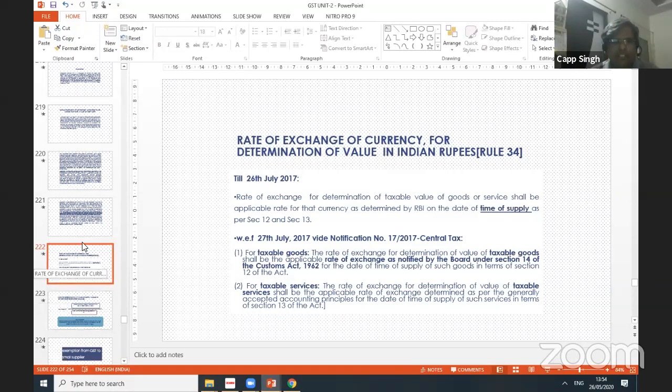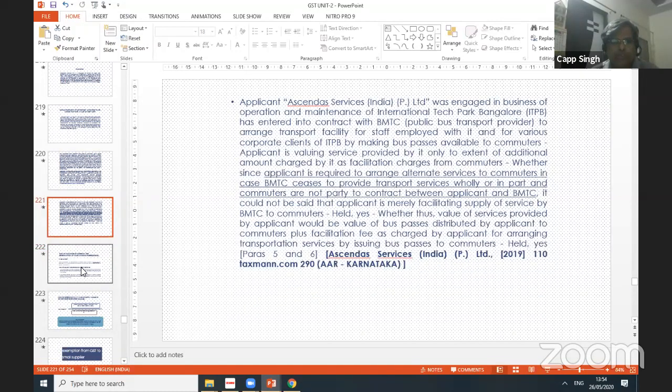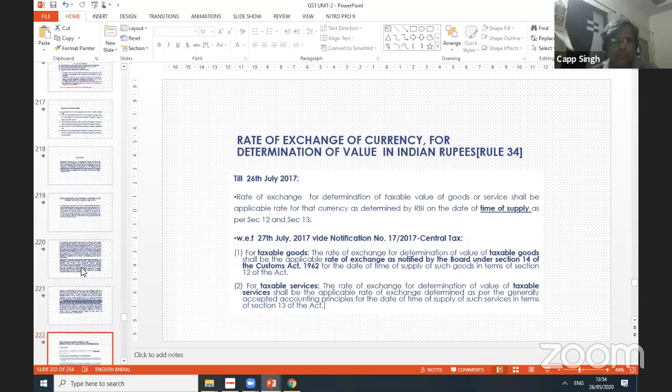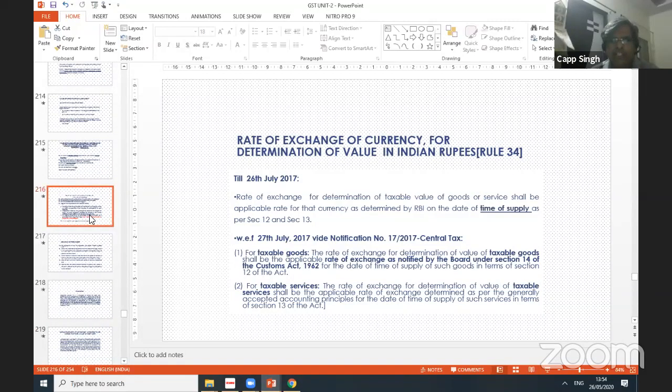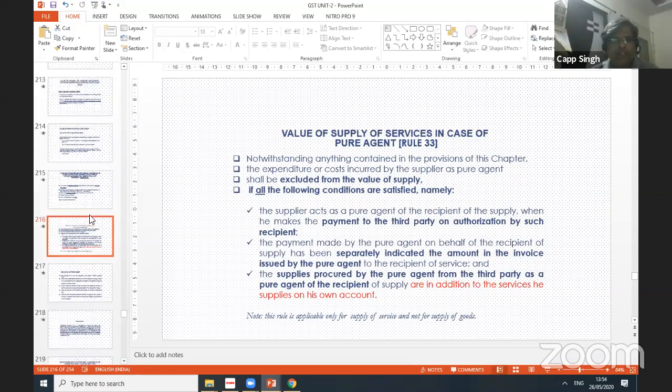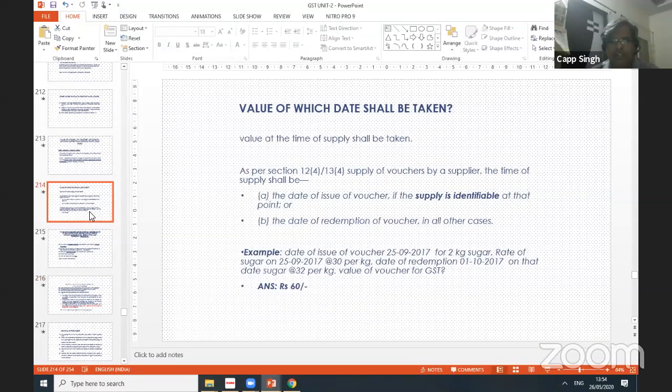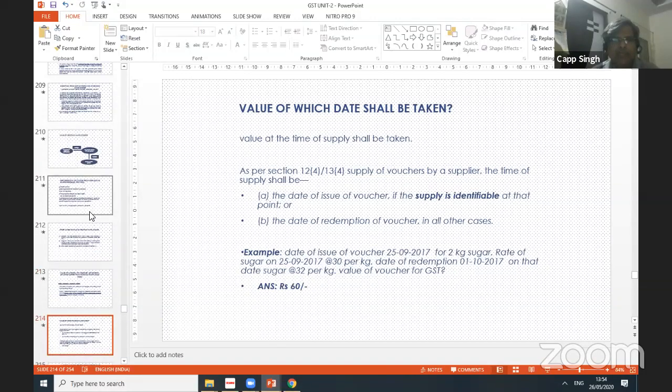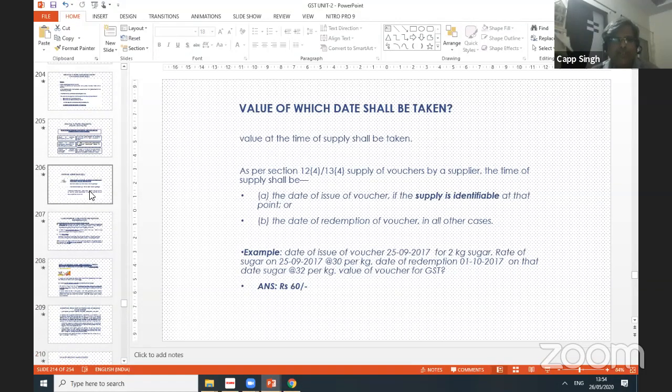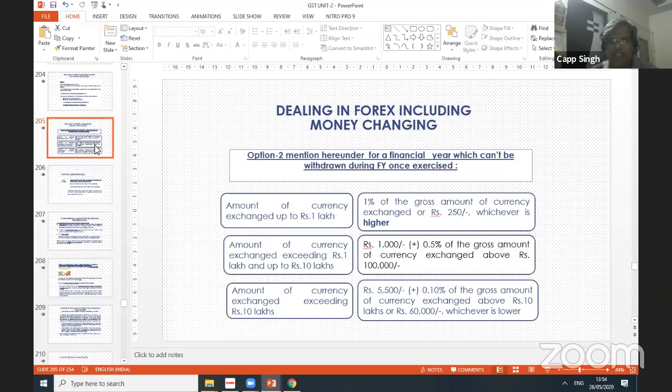Valuation is based on principles where there is a mechanism for payment of tax on the currency conversion rate, or if that is not possible, a lump sum amount for currency conversion may be considered. Up to 1 lakh of currency conversion, 1% or 250, whichever is higher, shall be the value of supply.